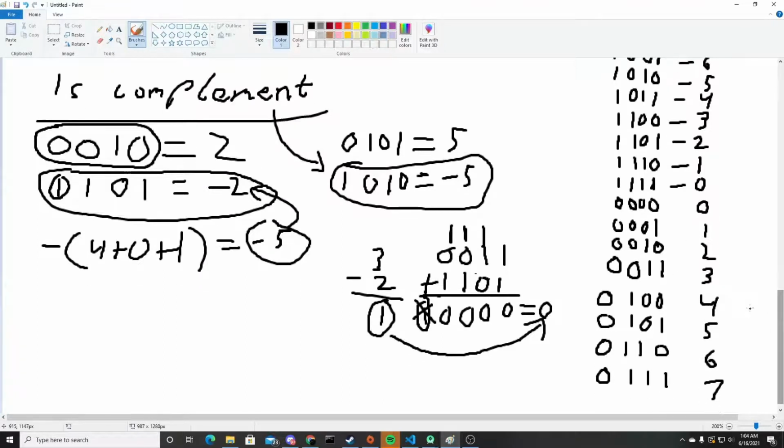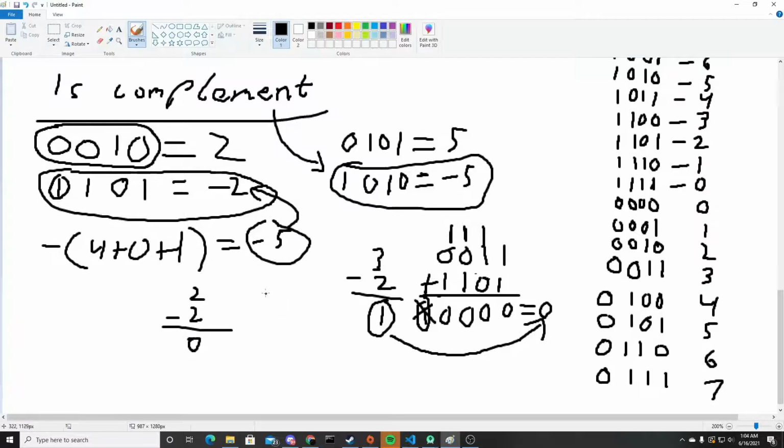So let's do another one. Let's make it a simple one. Let's just do 2 minus 1. And actually, let's do 2 minus 2. So obviously in base 10 in decimal we would expect to get 0. Let's do that now in binary for 1's complement.